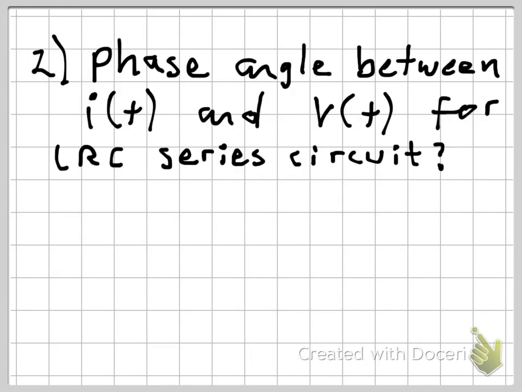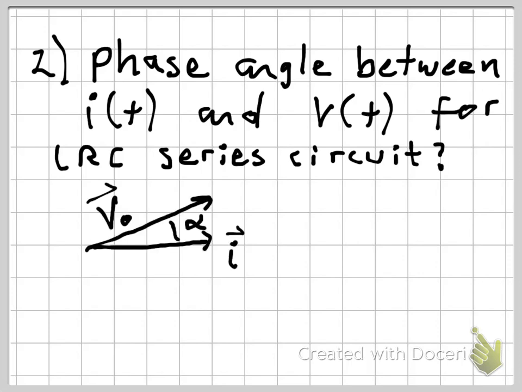Now the second question was about the phase angle between the current that is flowing in the circuit and the voltage. So how do we calculate this phase angle between those two quantities? We know that the current and the applied voltage are not going to be in phase in this circuit. In general, they're not going to be in phase.